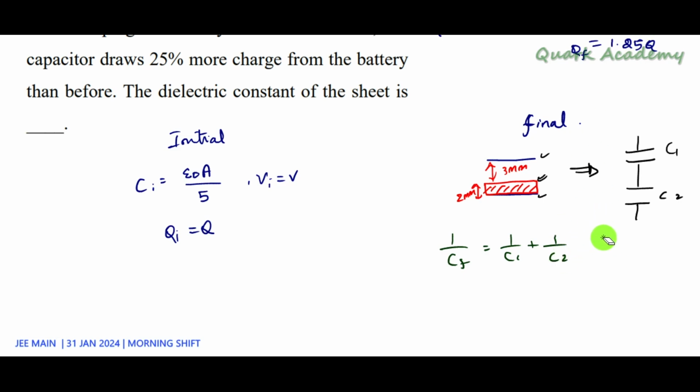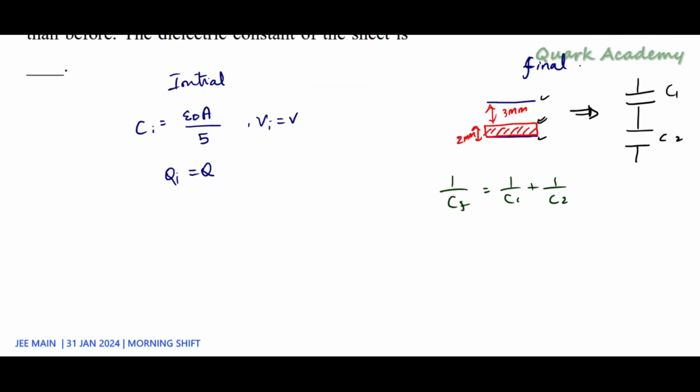Let's write the expressions. 1 by Cf is equal to 1 by C1. C1 in this case is epsilon naught A by 3. There is no dielectric medium, so this is fine. And C2 is K times epsilon naught A by 2 because there is a dielectric.